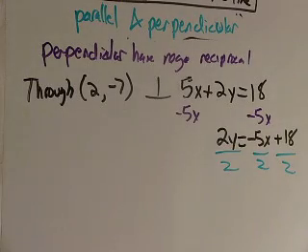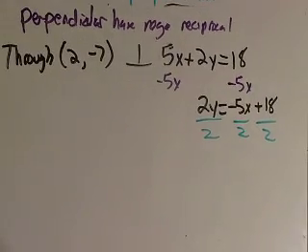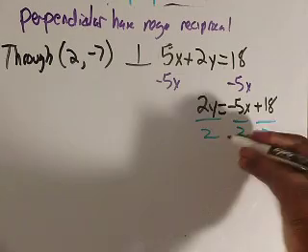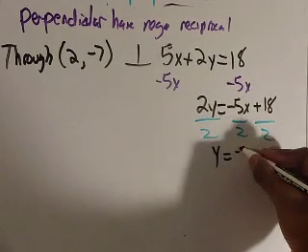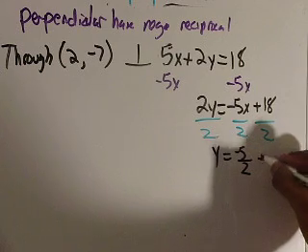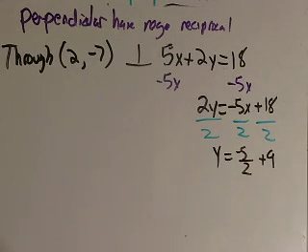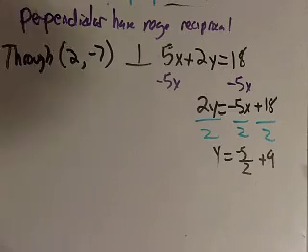Divide everything by 2, and what do you get? You come up with y is equal to negative 5/2 x plus 9. So here is the first slope.